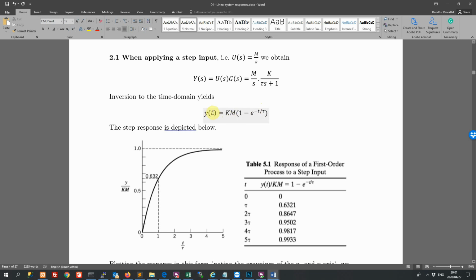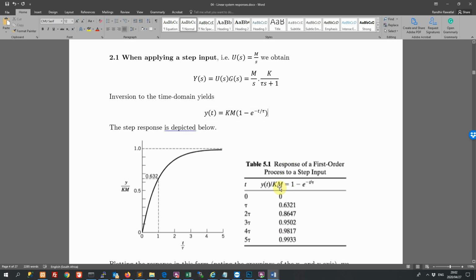Here, of course, you divide the output by km. So that's shown here. You divide by km, giving you a nice dimensionless form. And so we can write the time in terms of multiples of the time constant tau. And so then whatever first order process you have, you can multiply by your time constant and by your degree of increase or degree of step, and by your process's constant, and so you can translate these intrinsic values into your exact values for your process.